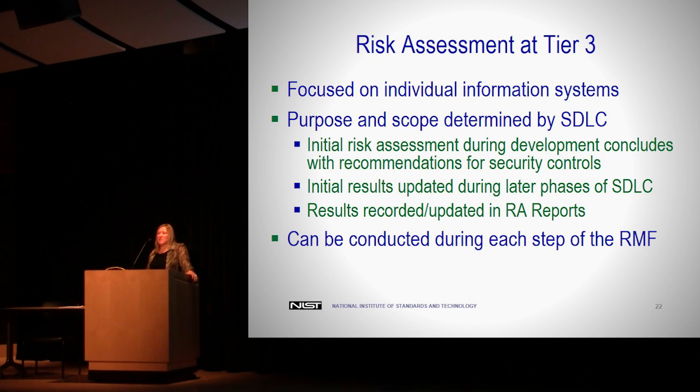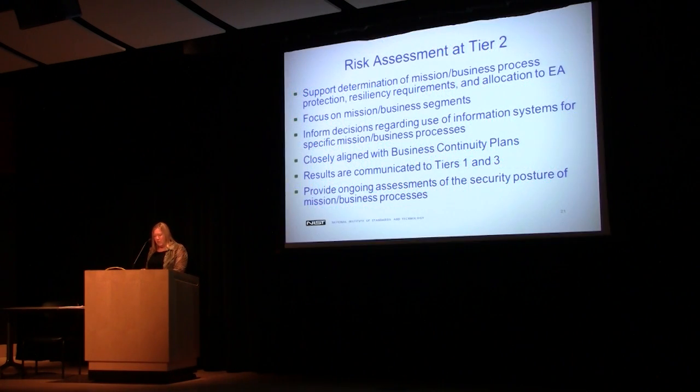And then here we have our business continuity plans, and of course we would want the risk assessment at Tier 2 to be closely aligned with any business continuity plans, because we're at that mission business process level. And again, we have the communications back and forth, and then provide ongoing assessments. So then that's the monitoring.